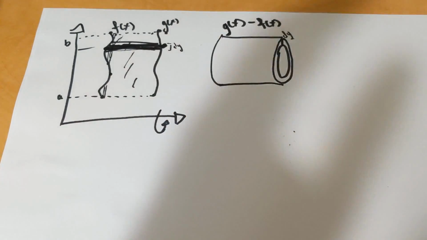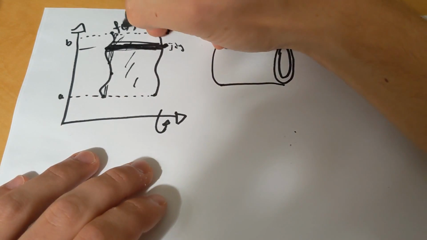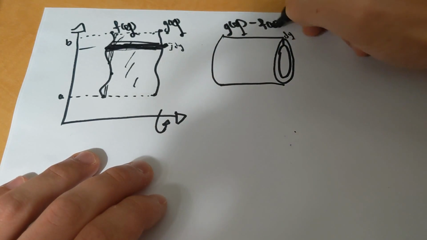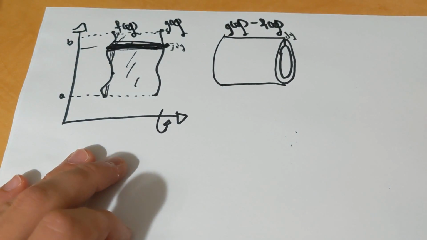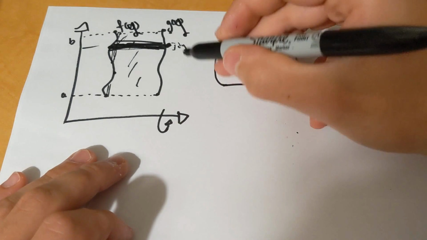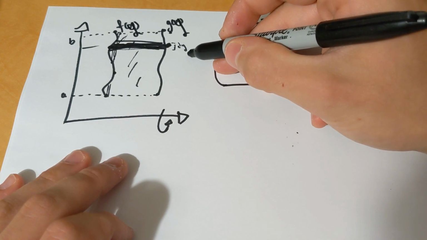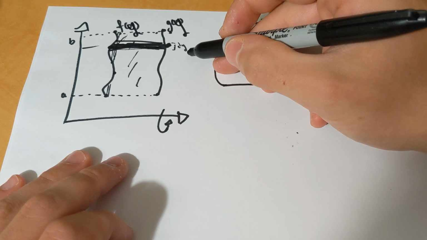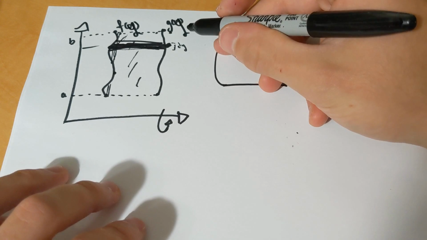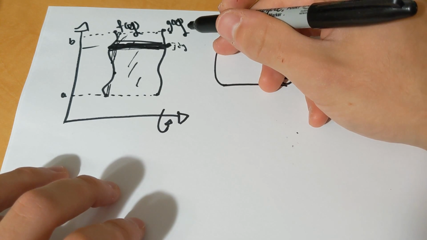Okay? So, I actually drew this wrong. These should be functions of y, because you're integrating with respect to dy. On like a test, these might be functions of x, okay?